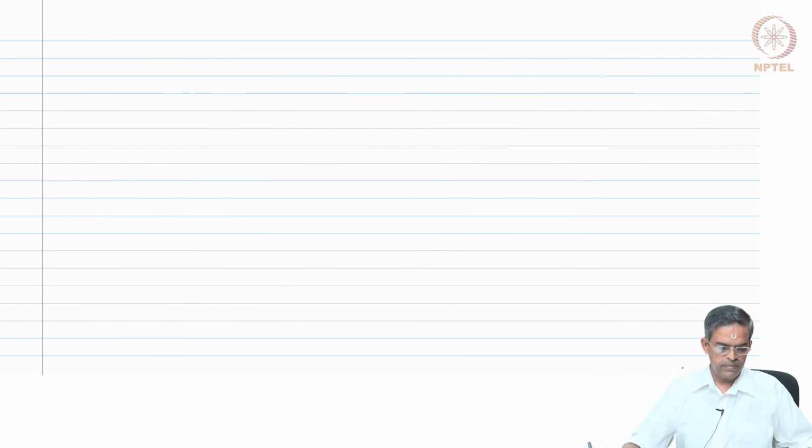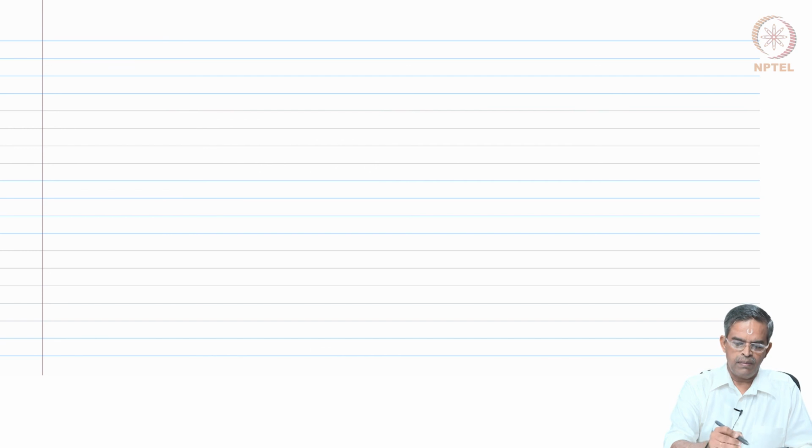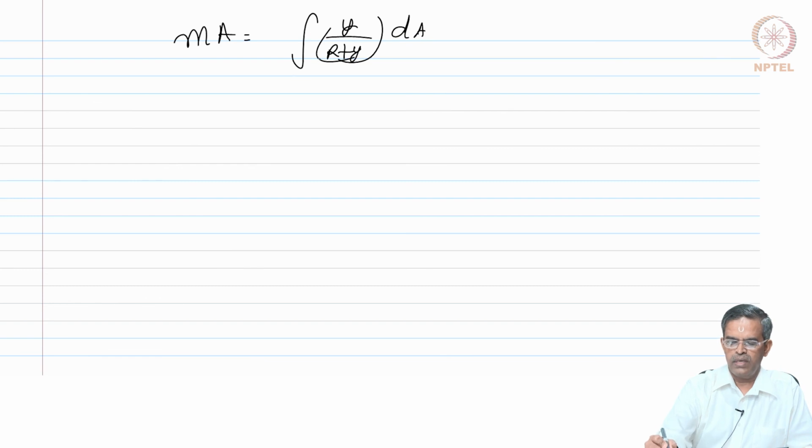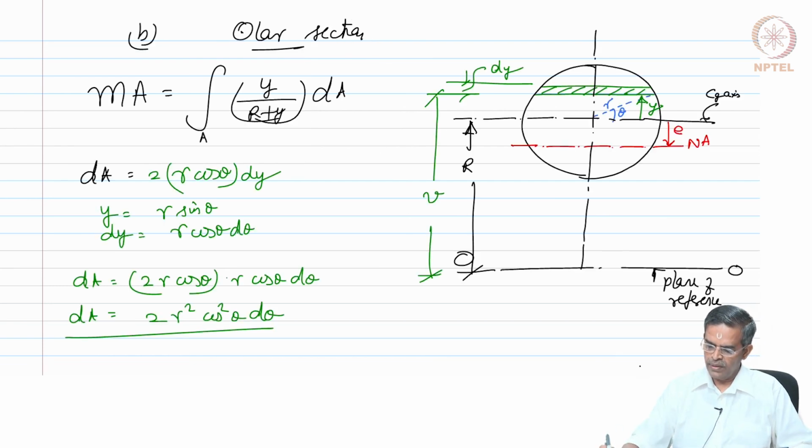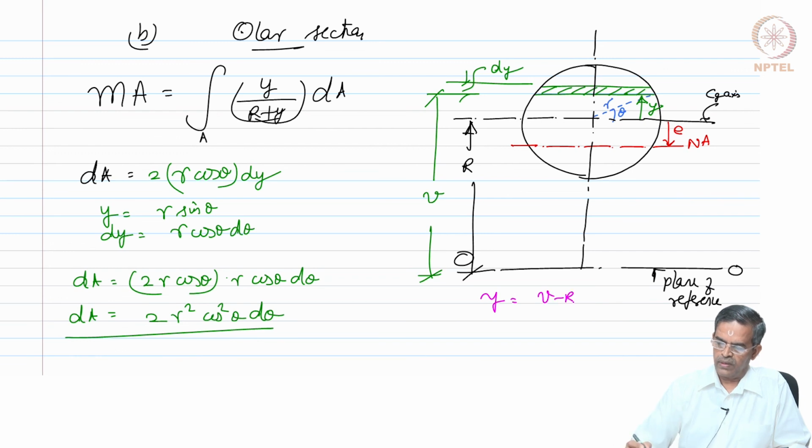Having said this, MA is integral y by (r plus y) dA for the area A, which will be integral (v minus r) by v of dA, because y from this figure can be v minus r. Can I say that?